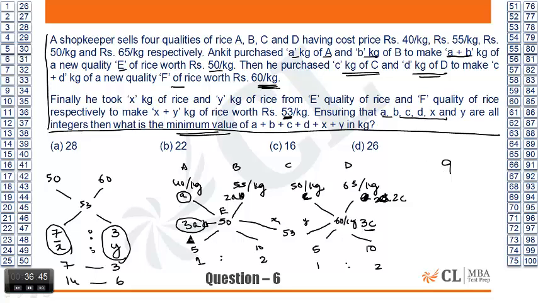Then he needs 3y, which means y is 3c, so 3c can take the value 3. 9 is 3 times a, which is a plus b. 3 times c is 3. X is 7 and that is 3, 10. 9 plus 3, 12, plus 10, 22.